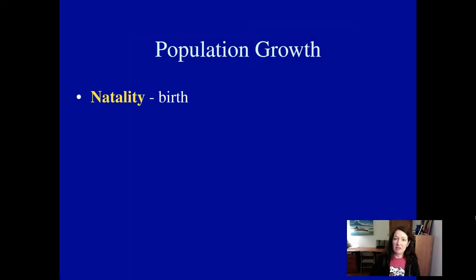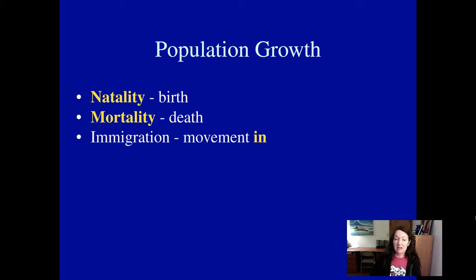So some other things that we look at when we look at population is the growth of the population. So this kind of goes under the category of population size, but we look at changes to the increase and decrease of the population size. Natality is birth. Mortality is death. And then if you have immigration, a term we're familiar with from our own human perspective, that's when organisms are moving into an environment.